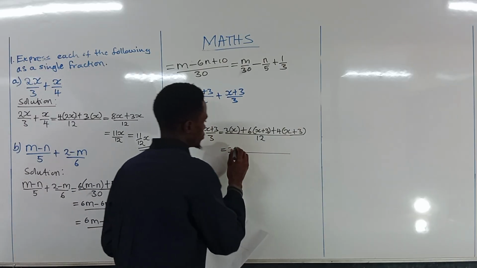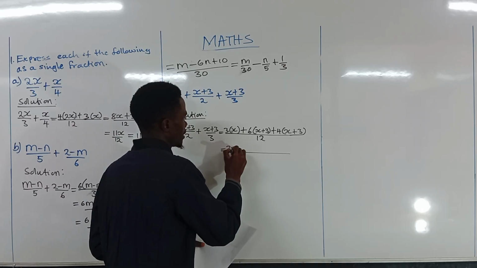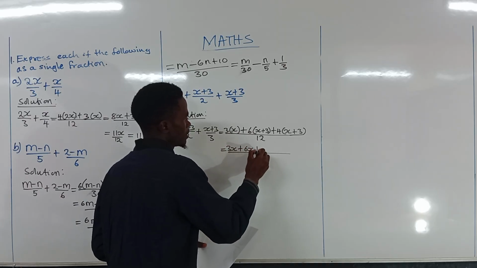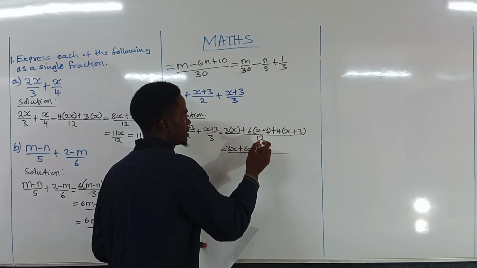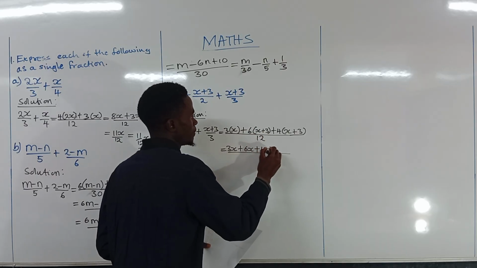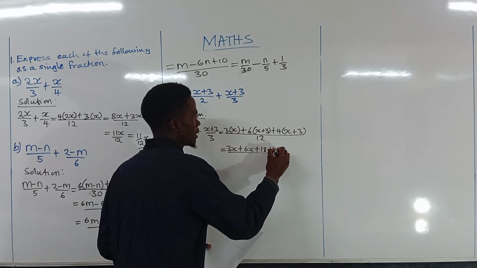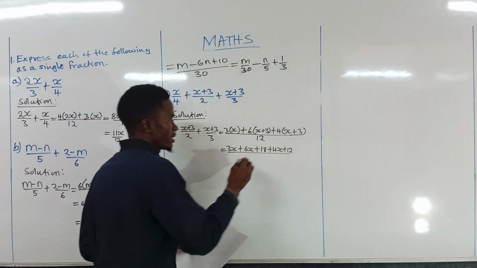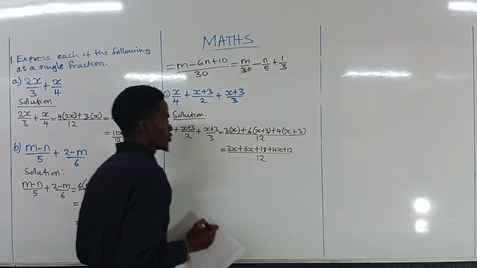Our number is going to be 3x plus 6x plus 6 times 3 is 18 plus 4x plus 12. So the like terms together, and then the common denominator is 12.